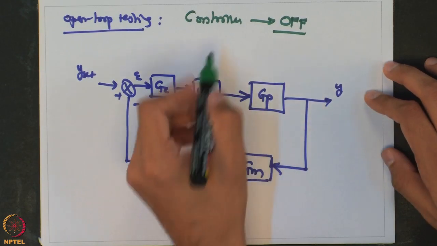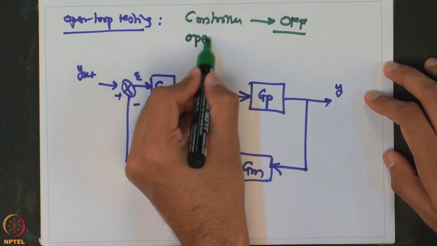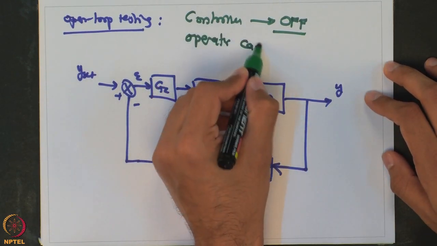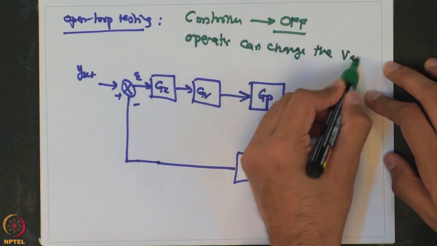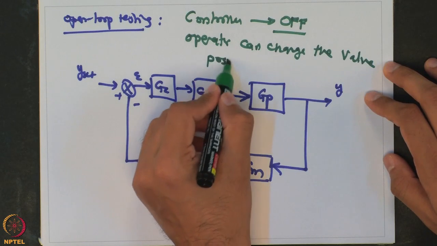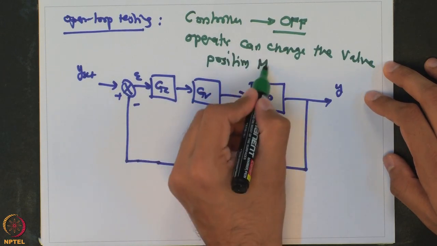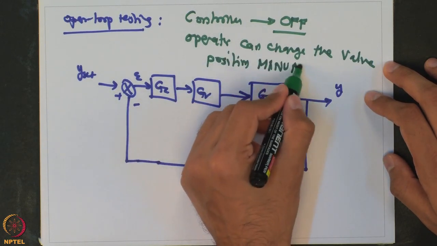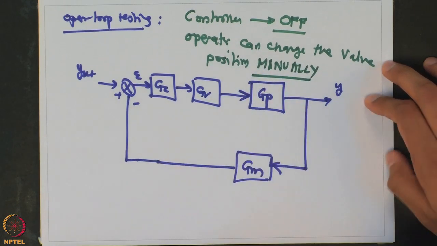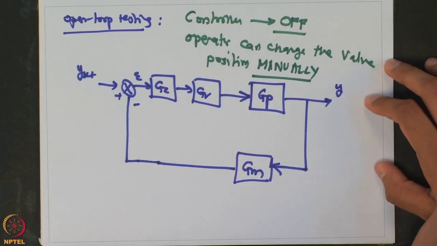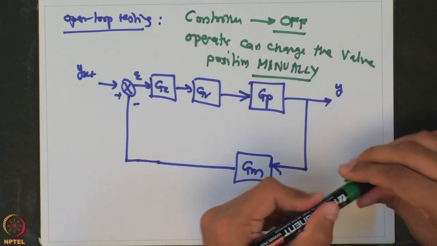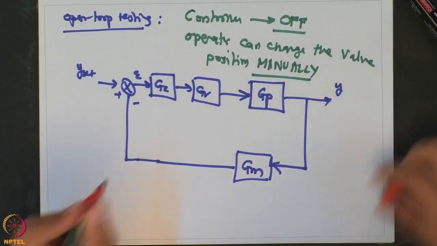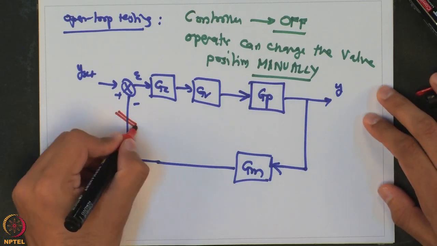If that is the case, the operator can change the valve position manually. That is what we know as a manual operation. So what we would be doing is opening this loop. That is known as open loop.